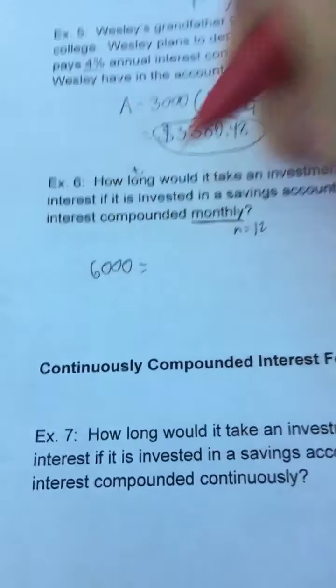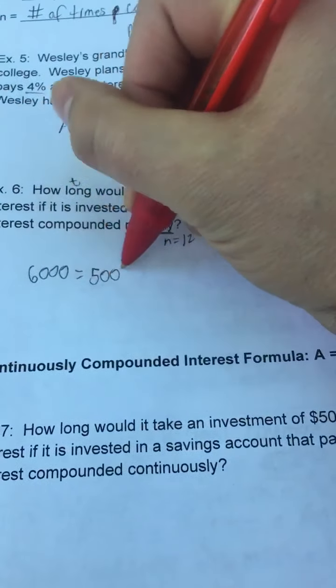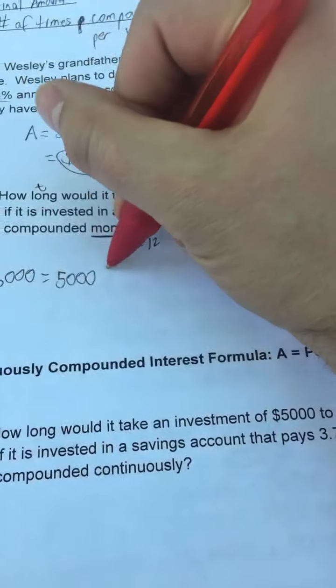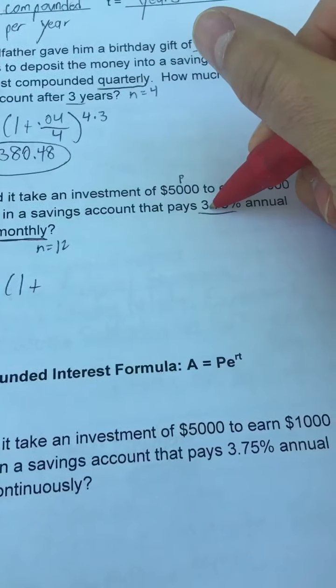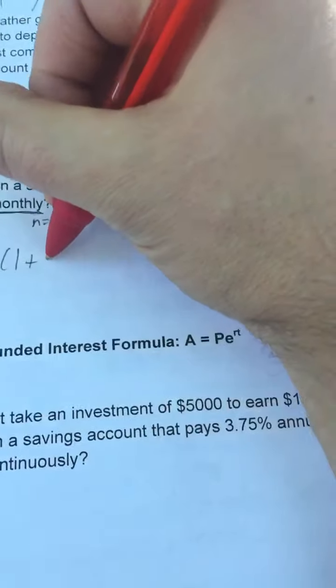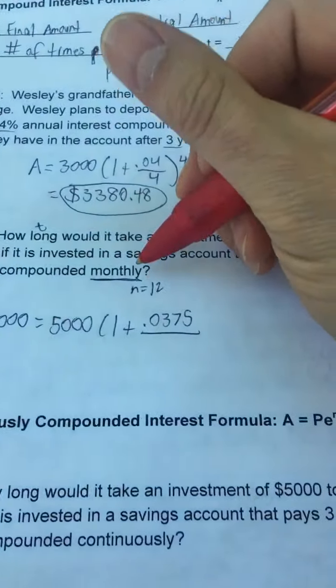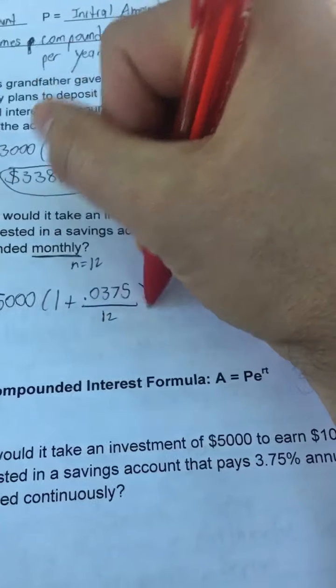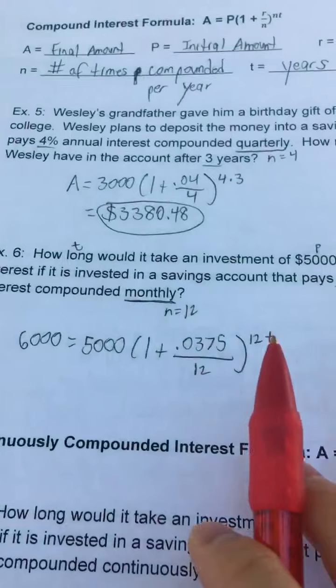6,000 equals the initial amount, which was 5,000, how much you put in, times parentheses 1 plus the rate. Now 3.75%. Remember, move that decimal twice. So 0.0375 over n. Monthly means n is 12. Exponent n times t, so 12 times t, I don't know what t is. I'm looking for t.